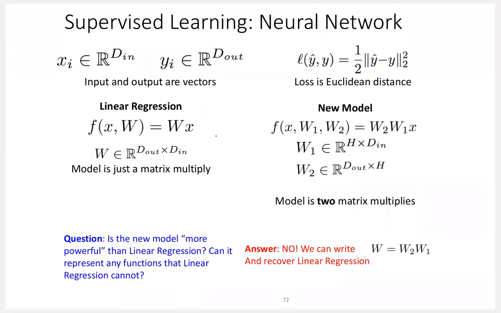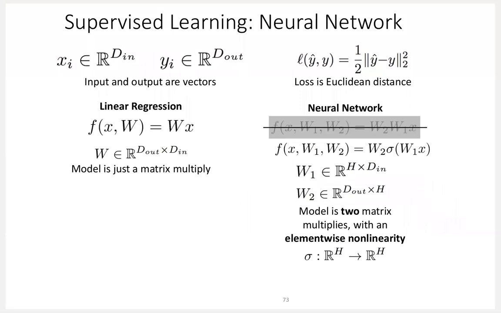But how can we get it richer? We get it richer by introducing some nonlinearity in the middle. After I multiply by W1, I can apply a nonlinear operation.